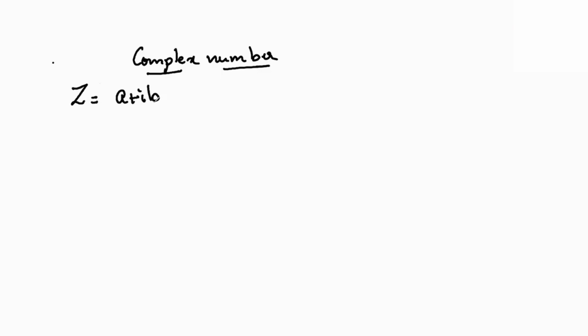The difference between the other numbers and the complex number is you have a special symbol here, i. Whatever you see with i, that is your imaginary part, and whatever you see without i, that is the real part.